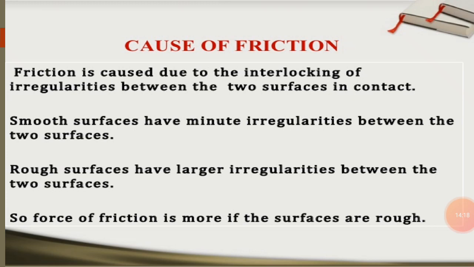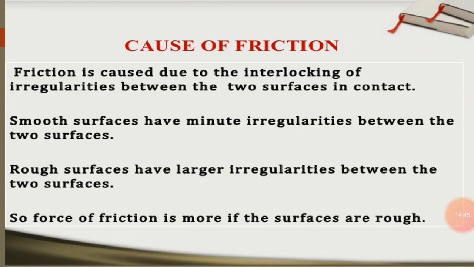Suppose I give you one example. Suppose you put a box on the surface of a floor. In that case the box will be in a stationary state, or we can say the rest state, and it is not moving.